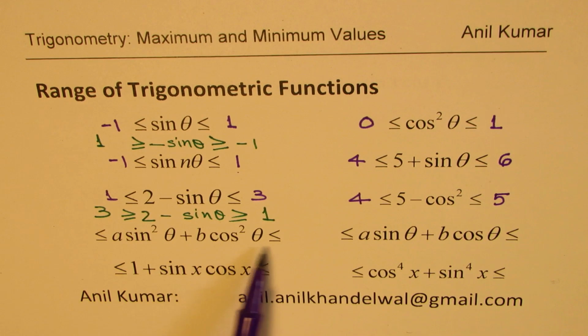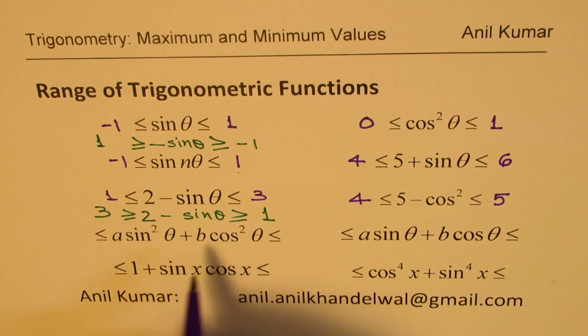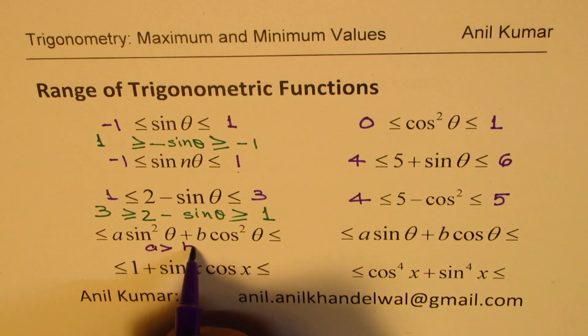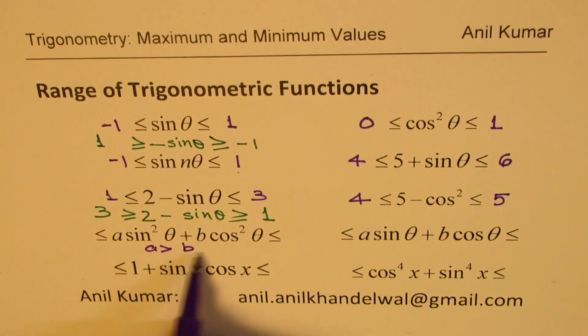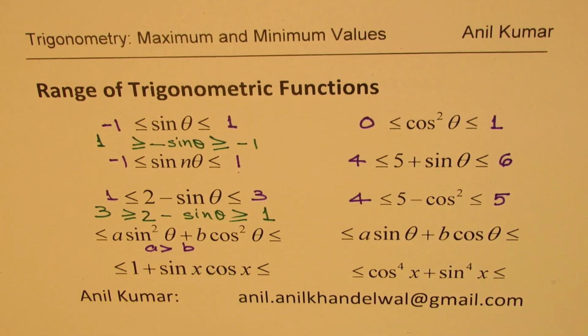Then we come to these kinds of functions, which is a sine square theta plus b cos square theta. If we assume that a is greater than b, then for this particular function, the value will be from a to b, right?